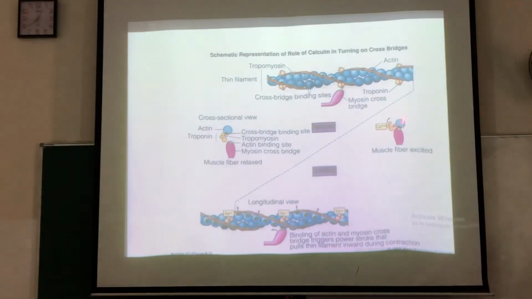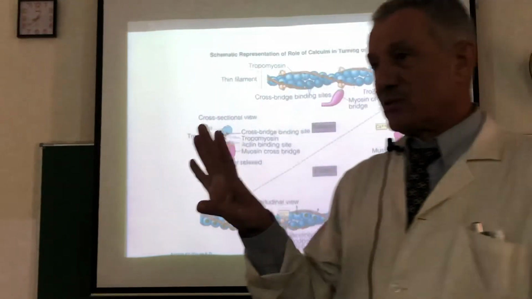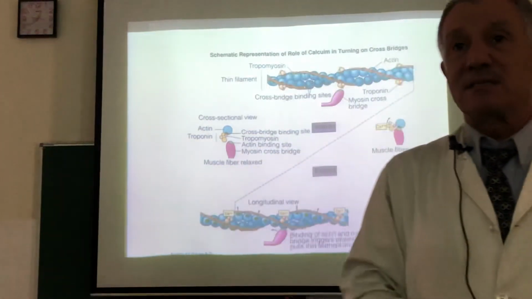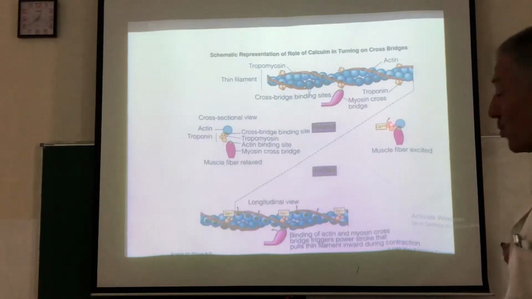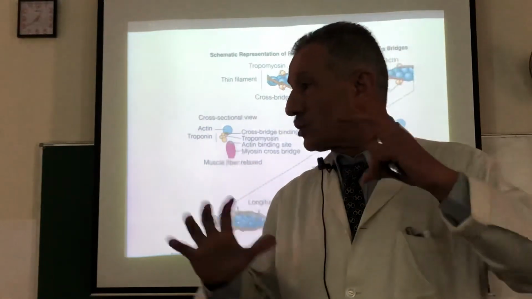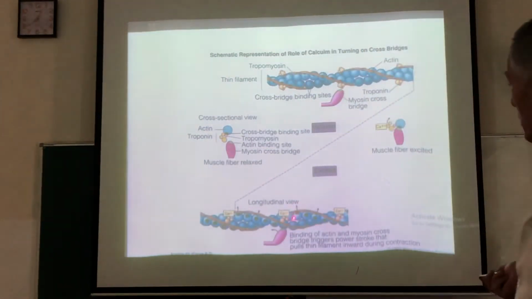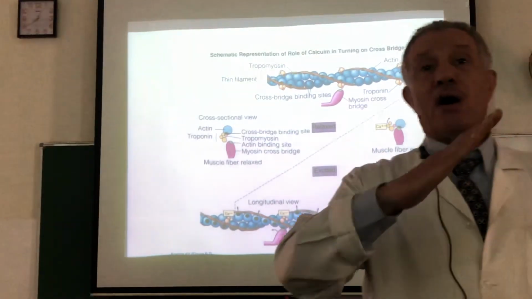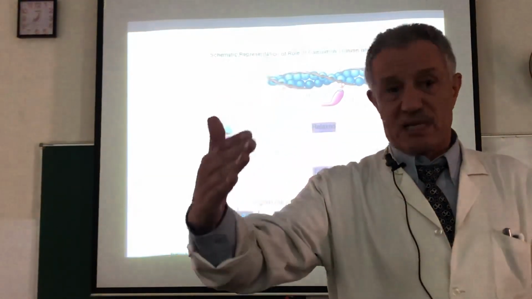Okay? Now, by increasing calcium concentration, you are getting that calcium binding to troponin C. Actually, you need 4 calcium ions to bind to one troponin C. By binding of 4 calcium ions to one troponin C, we are getting conformational changes in the regulatory proteins. These conformational changes result in displacement of tropomyosin away from the binding sites.